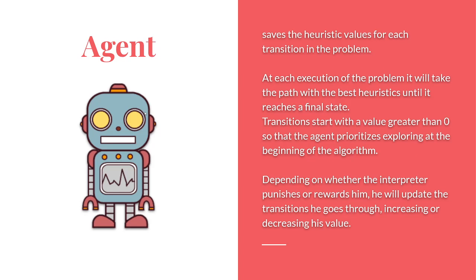The second element is the agent. It consists of another data structure that assigns a probability value to each one of the transitions. It starts working when it receives the message from the ambient containing the state. After that, it searches all the transitions that begin with such a state.